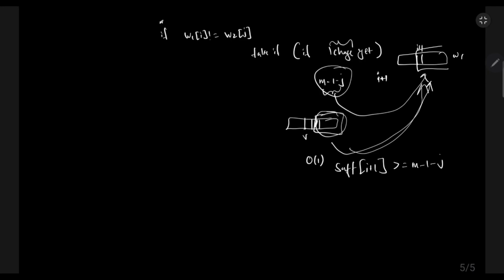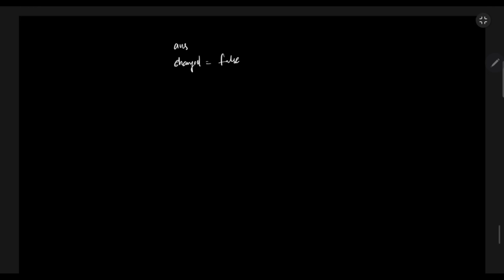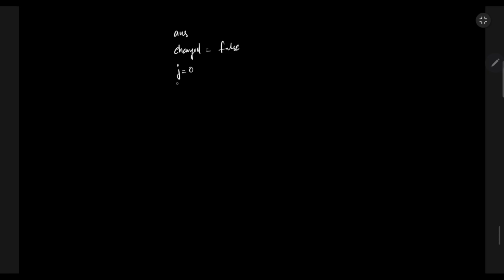Now if we write the pseudocode for this one, let's say we have the answer array, and let's say we have the boolean changed equal to false, that is, we haven't used our one free change, and j starts from 0 and I also starts from 0.